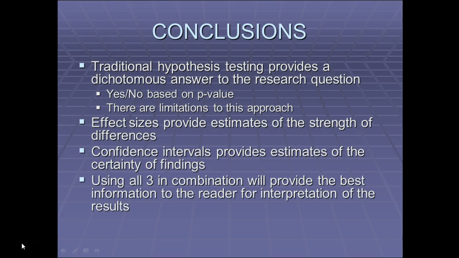Using all three, the p-value, the effect size, and the confidence intervals, and reporting all three in combination will provide the best information to not only the reader, but to your clients and to yourself. It will allow you to interpret not just the significance of the results, but the clinical meaningfulness of the results. And to me, that is the most powerful aspect of reporting the effect size and the confidence interval.